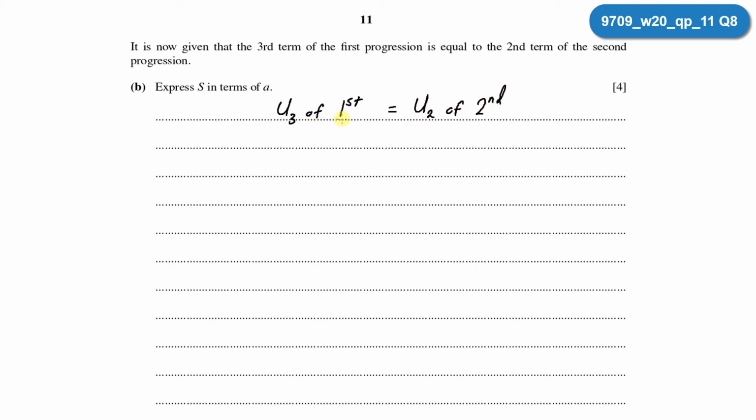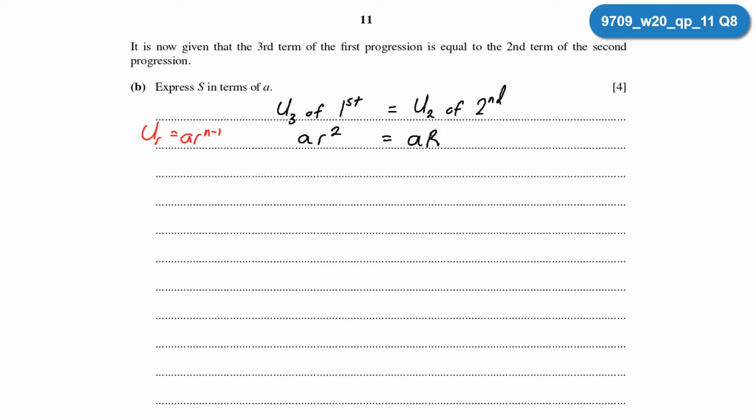For the third term of the first progression, we are going to use the general term for a GP, which is ar to the power n minus 1. So that's a, the first term, and r to the power of 2. And it's equal to the second term of the second progression, which will be a times capital R to the power of 2 minus 1, which is just 1.